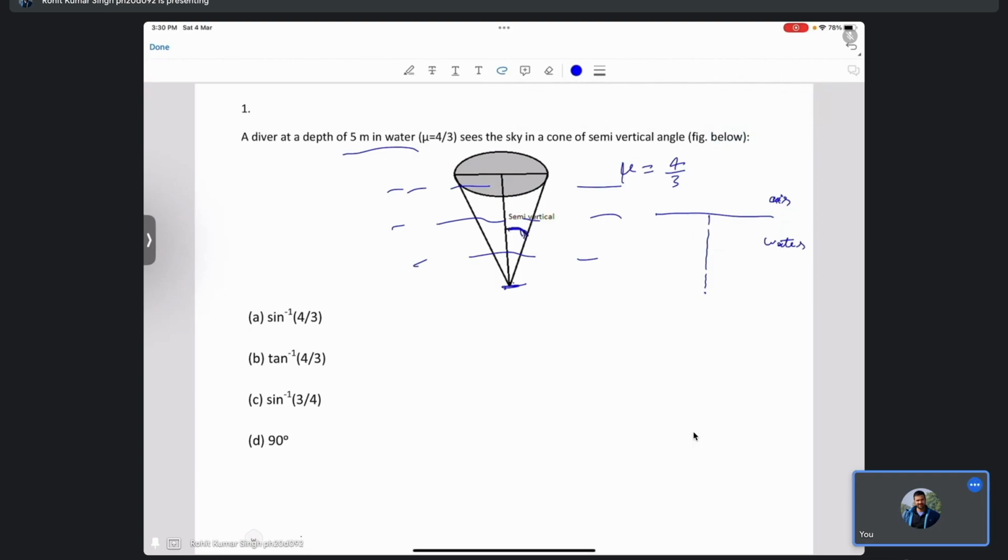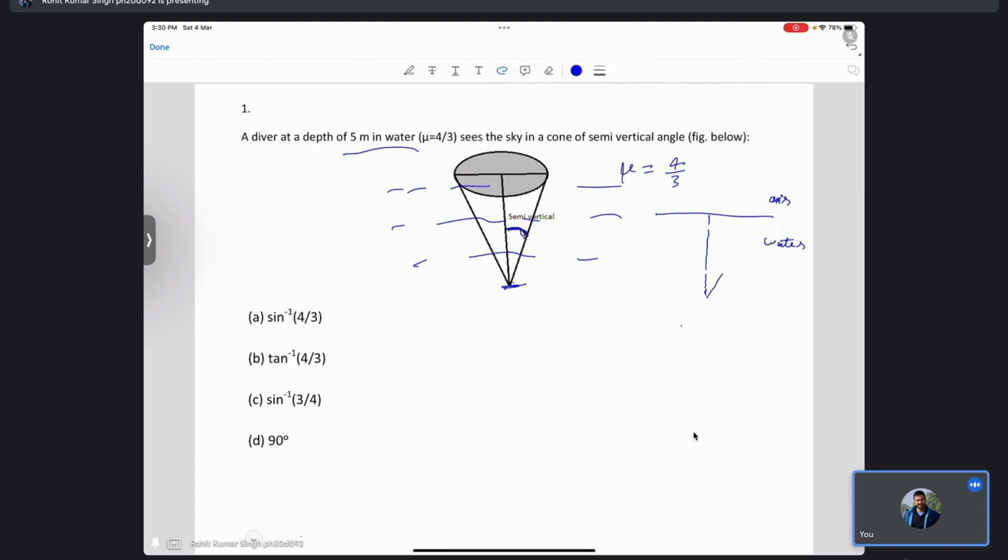That you can use to calculate this angle, this semi-vertical angle of the diagram, his field of view. If no one has any suggestion, let me solve it.